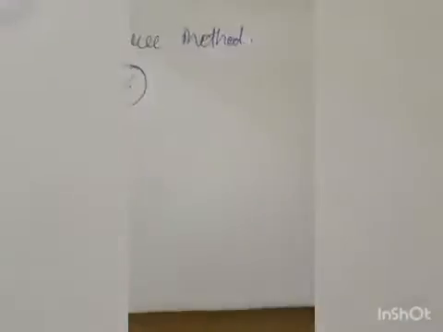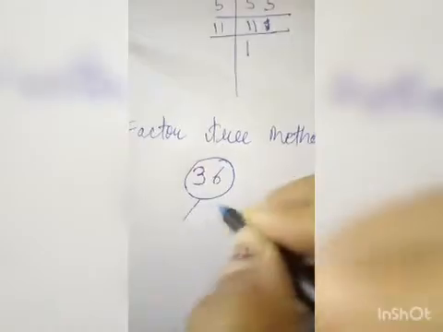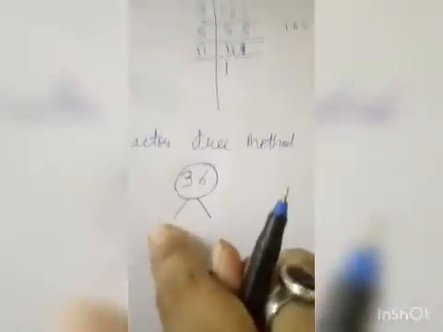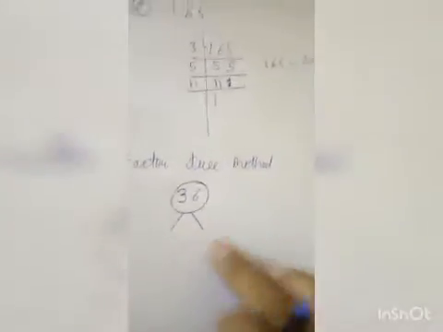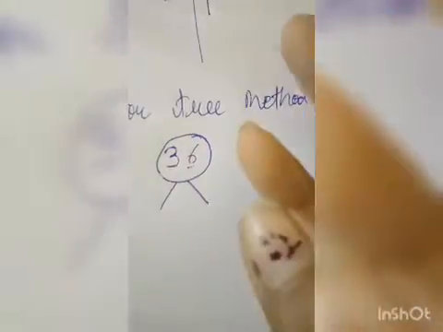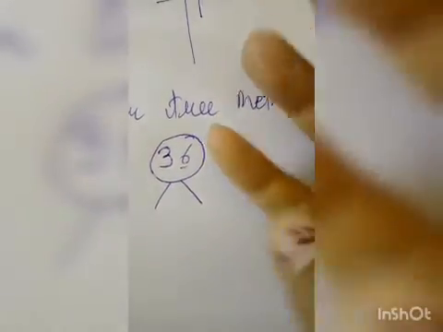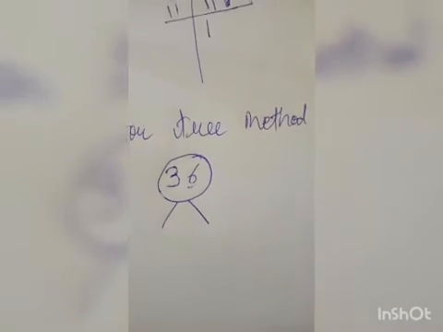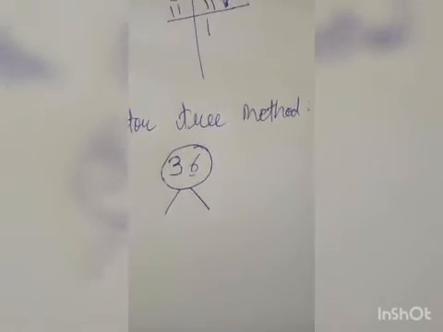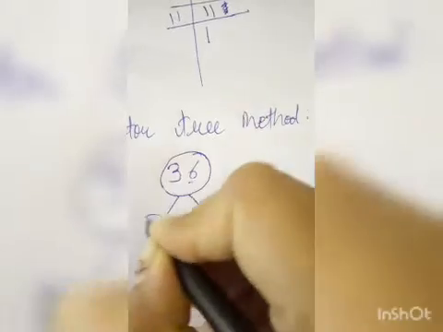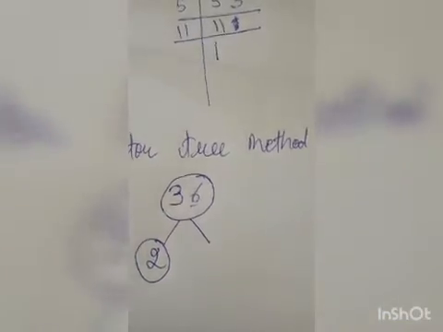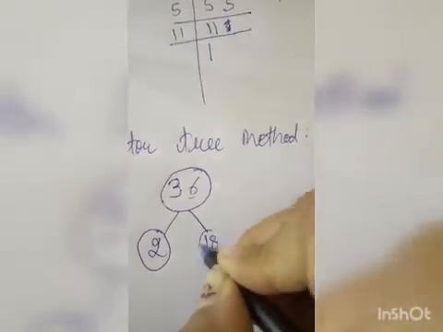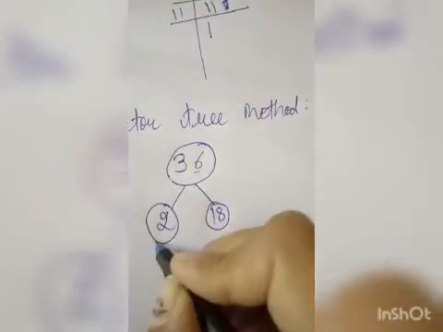Now, take the least factor. Since it ends with 6, and any number that ends with 0, 2, 4, 6 or 8 can easily be divided by 2, we write 2 and another factor will be 18, because we know that 18 2s are 36.